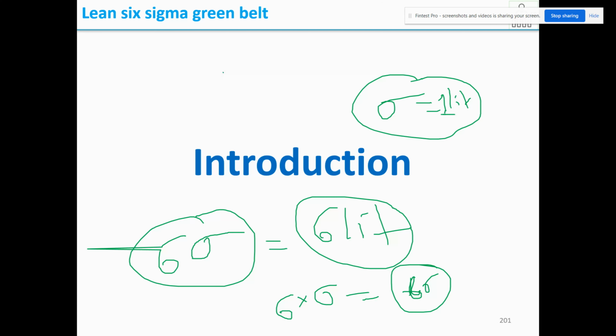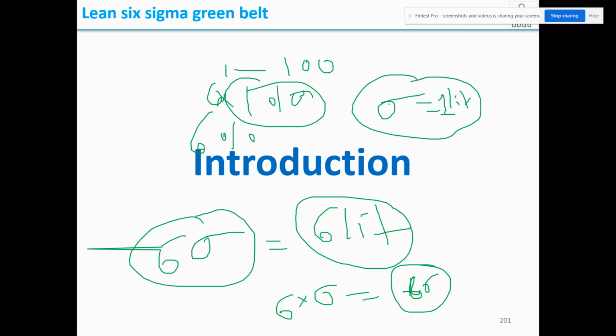For example, you did some sampling, you found one part not okay out of 100. So what is the percentage of the defect? 1%. Okay, but in reality it will not be 1%, it will be 6%. That is nothing but it will multiply 6 times.